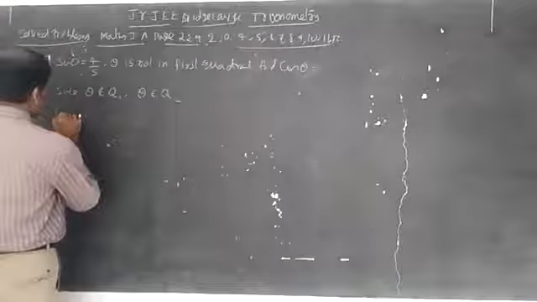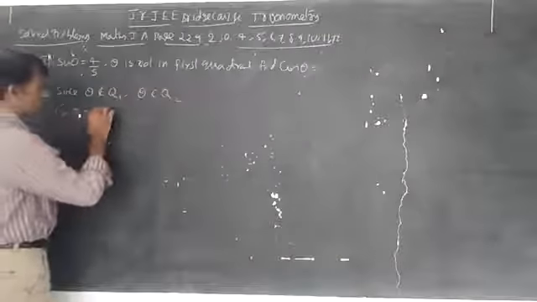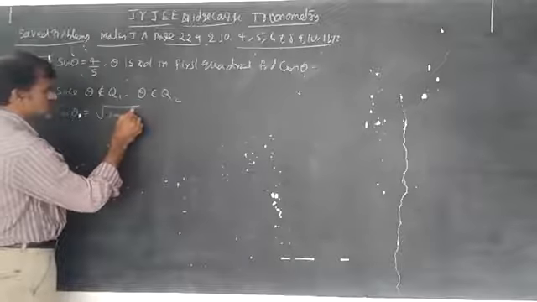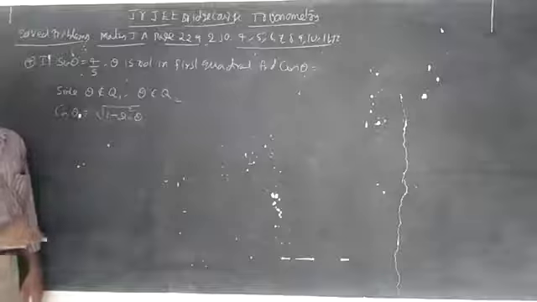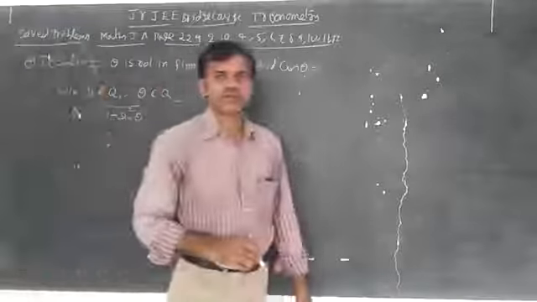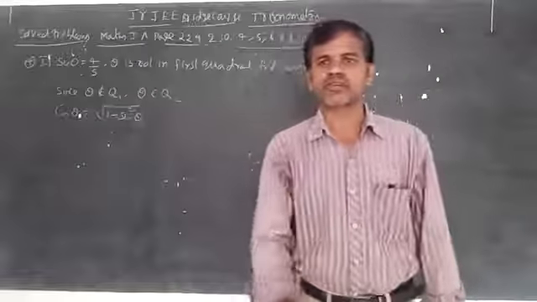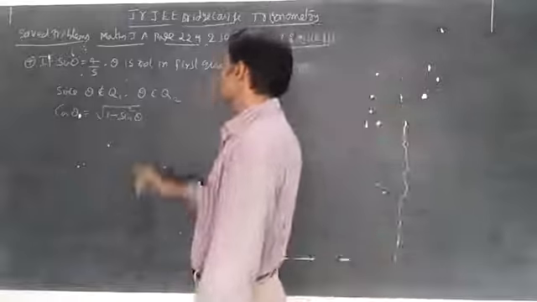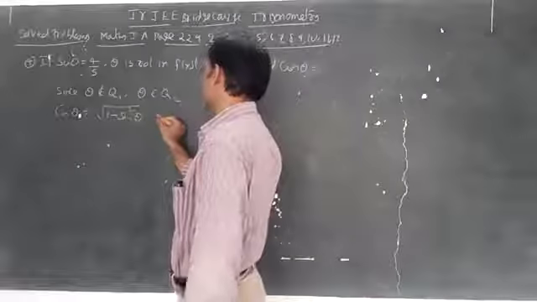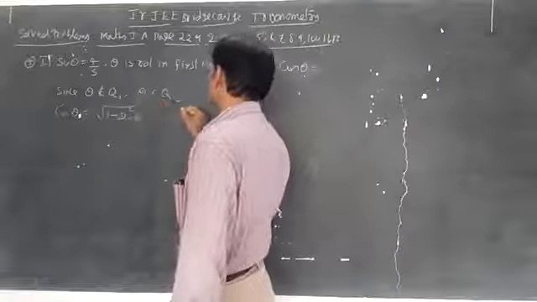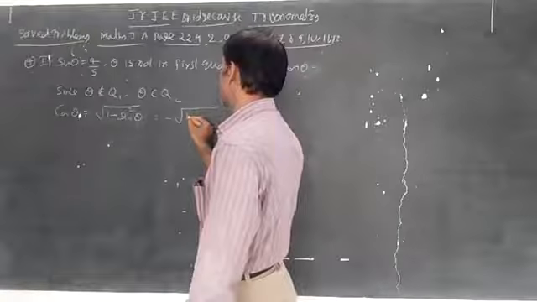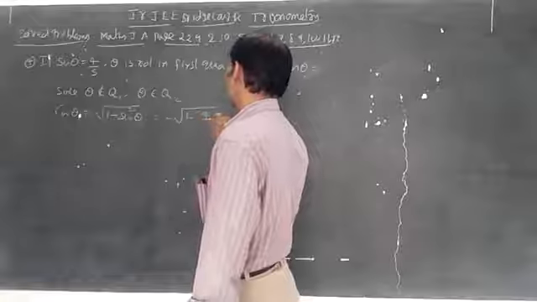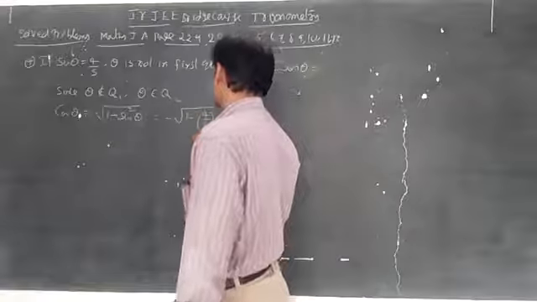So the cos theta formula you can write: root of 1 minus sin square theta. We have the formula cos theta is equal to plus or minus square root of 1 minus sin square theta. Since theta belongs to Q2 here, you can put minus, because cos theta is negative in the second quadrant. 1 minus 4 by 5 whole square.